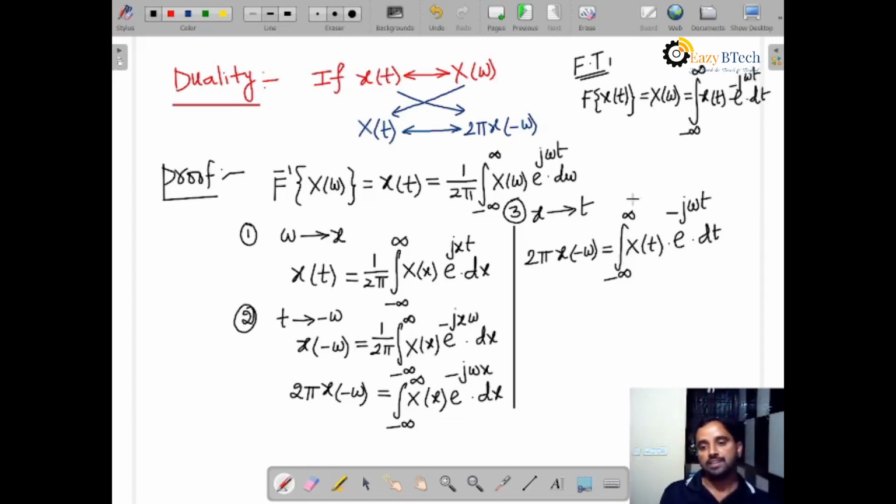So this integral is also the same as the Fourier transform formula. Just compare these two.